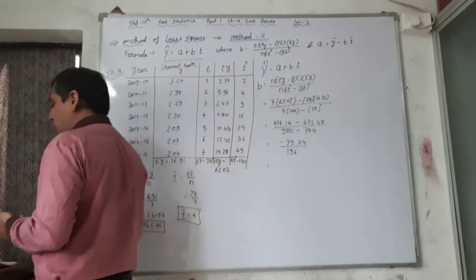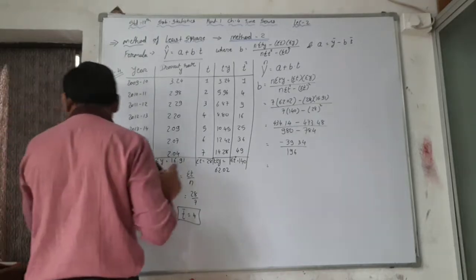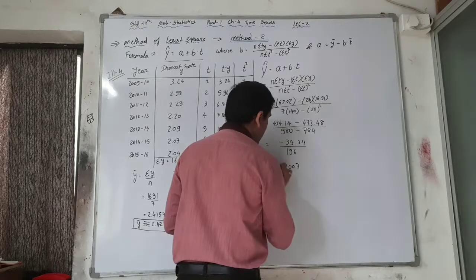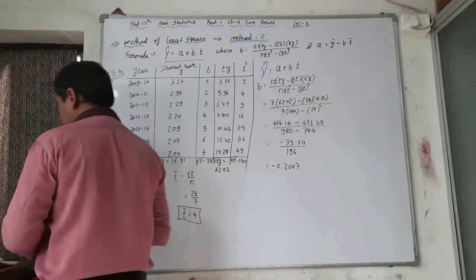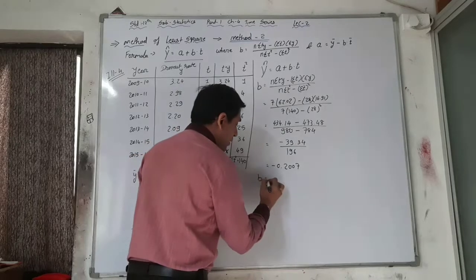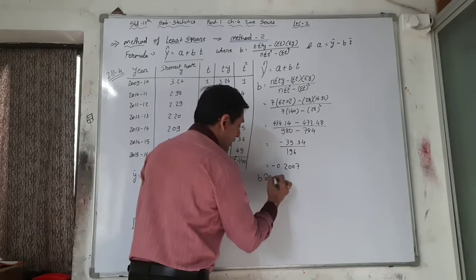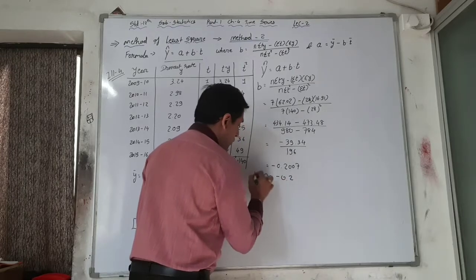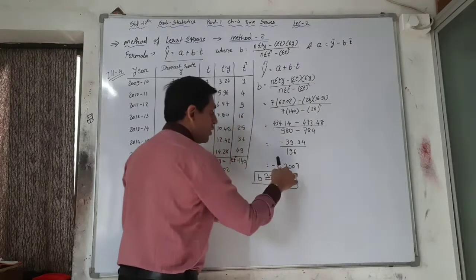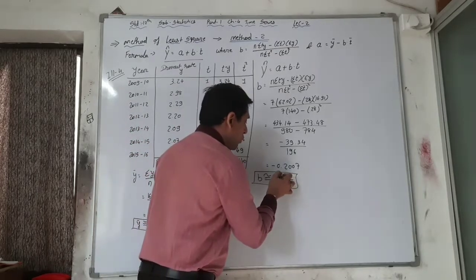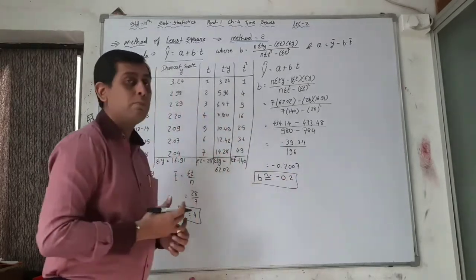So answer of B is also in minus. Here the answer is 0.2007, but here minus. So the approximate answer of B is equal to minus 0.2. Because here 007, that's why we are taking 0.2 as our B.